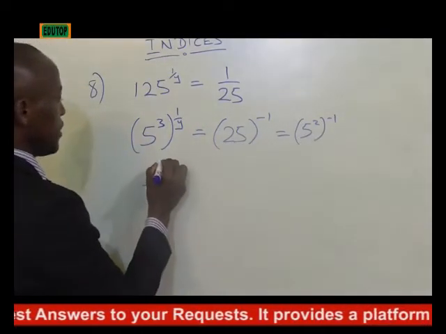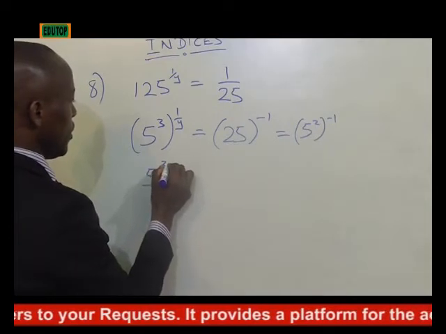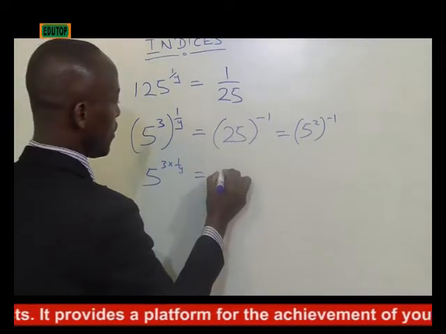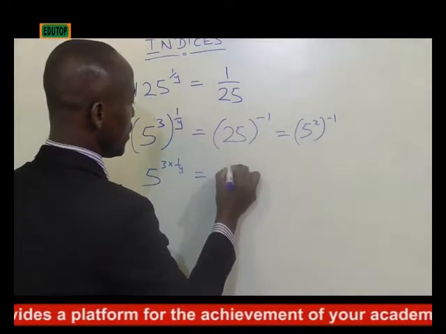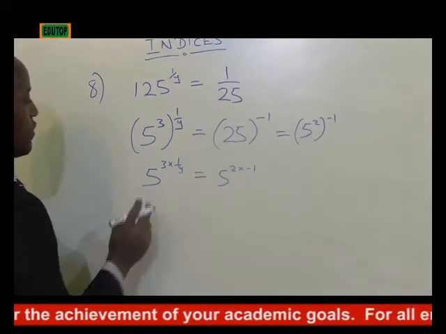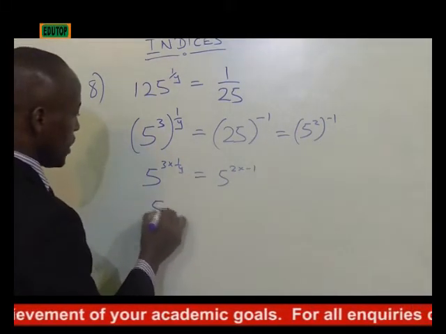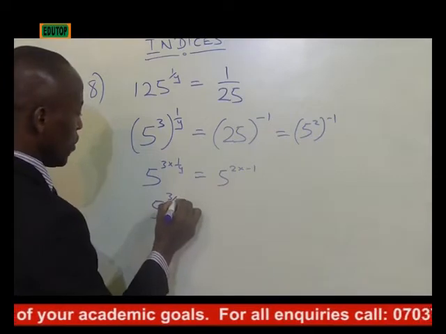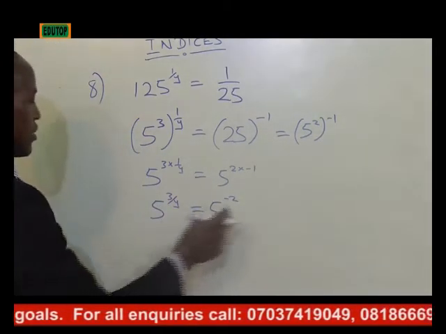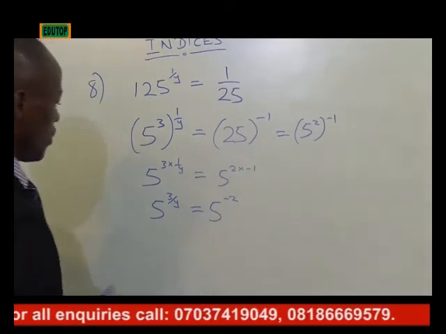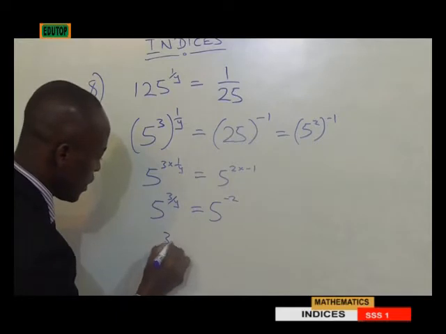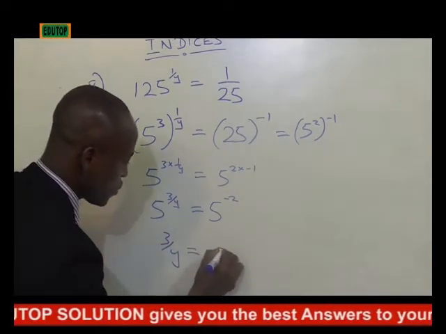So we'll now be having 3 times 1 over y is equal to 5 raised to the power 2 times minus 1. We have 5 here, we have 5 here. That will be 3 over y is equal to 5 raised to the power minus 2. Since our terms are the same, we can just neglect them. So we now have 3 raised to the power y is equal to minus 2.